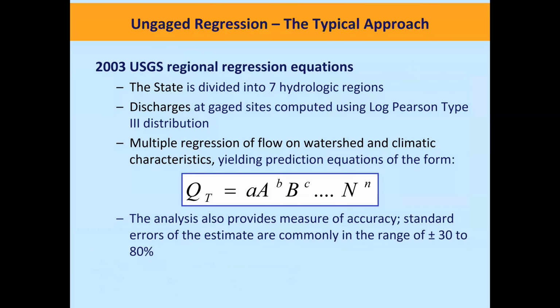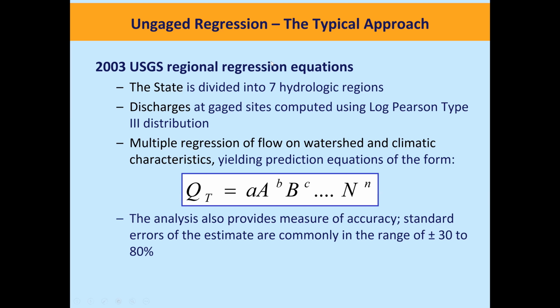And I'll talk through just where these come from and how they originate a little bit, using the 2003 one as an example. For the development of that regression equation, the state was divided up into 7 hydrologic regions that were more similar in terms of climate or things like that.